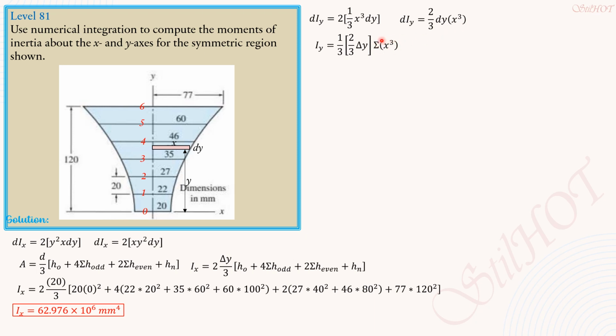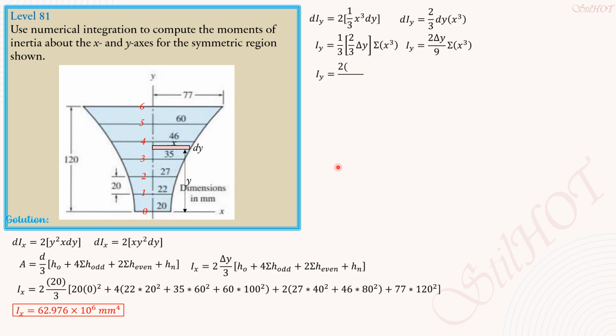So the expression is only x cubed for this h_o, h odd, and h even, and h_n. So simplifying, iy equals 2 delta y over 9 summation of x cubed, where delta y is 20 and x would be these values here.